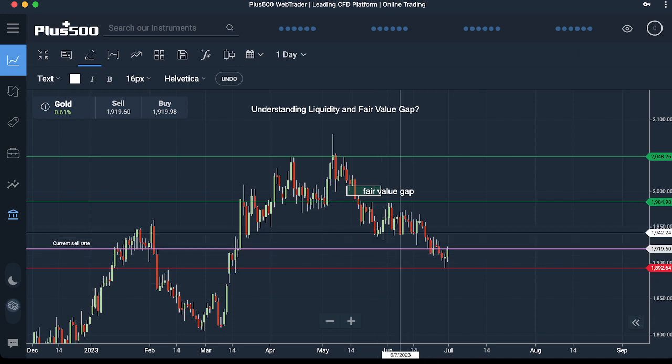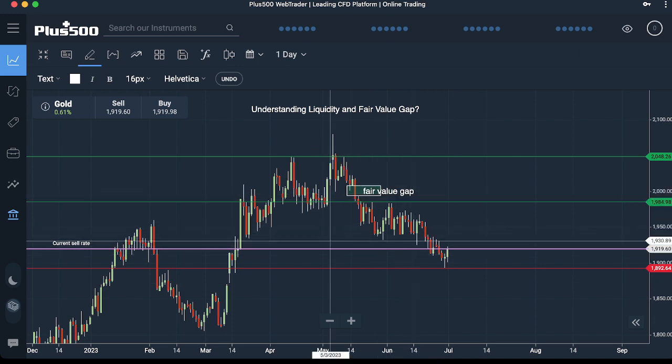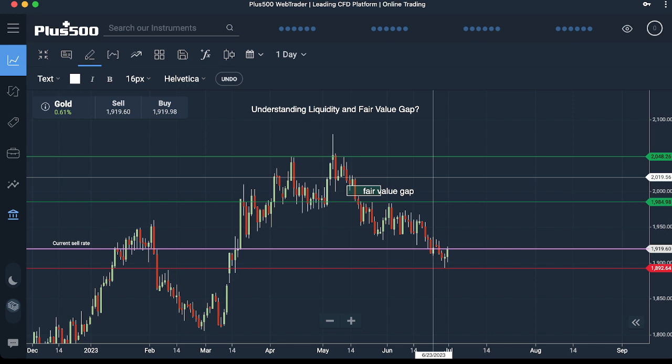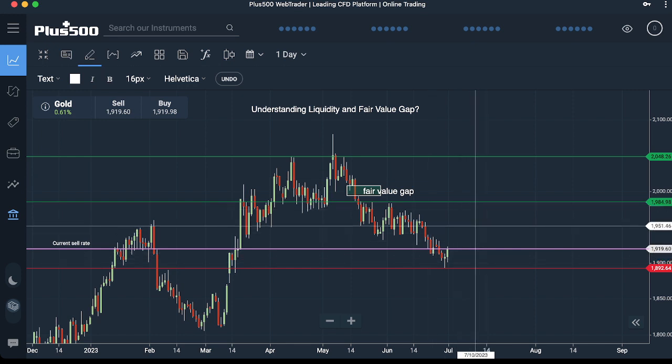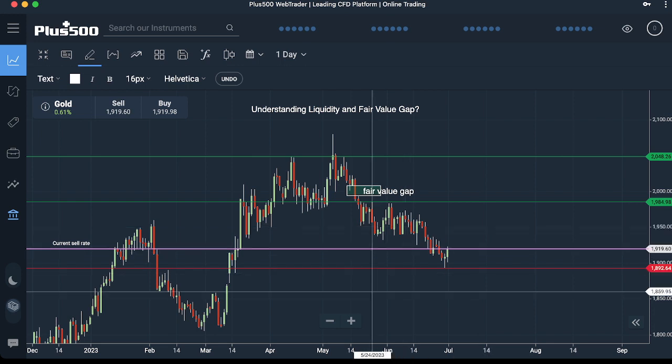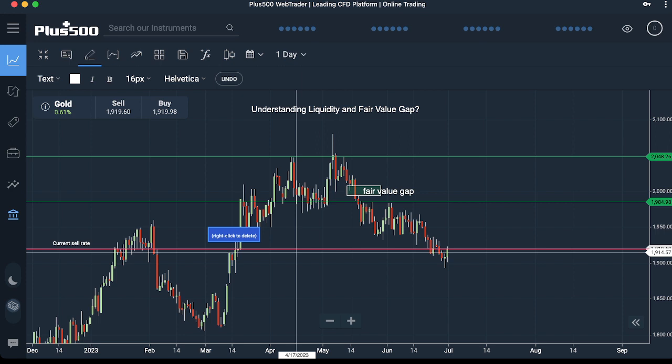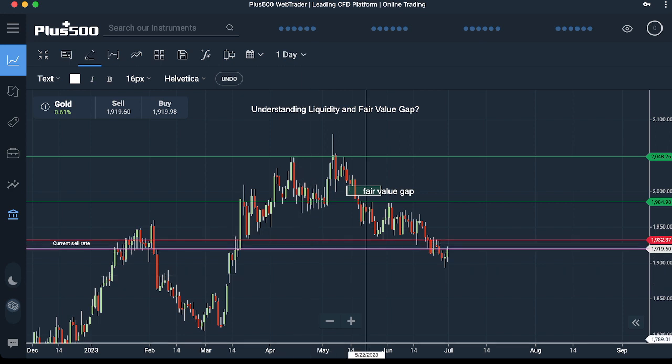Here we can see this fair value gap, which was not retested. It means there is no candle that goes back and retests it. So usually, when we have a swing low, for example here, if I push this up a little bit, we have a swing low.